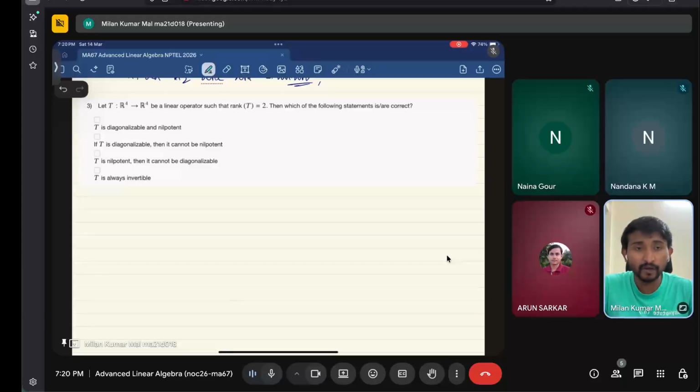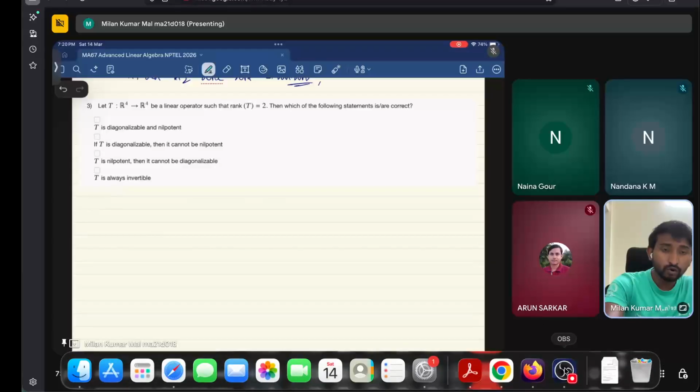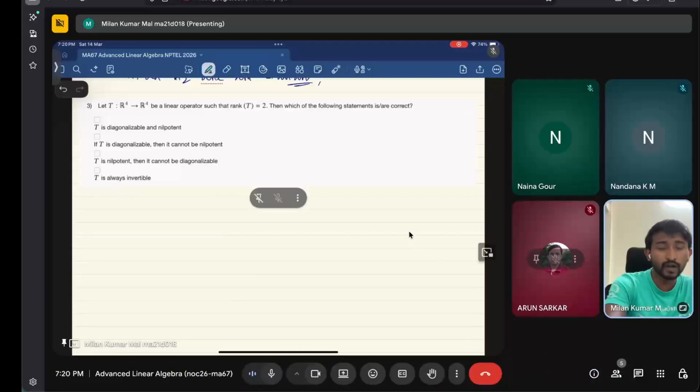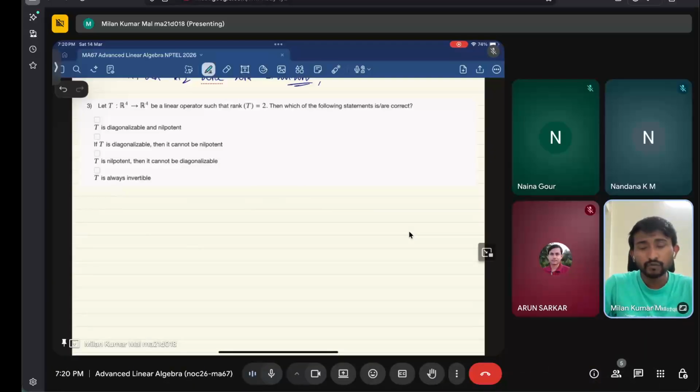From the mere appearance of the questions, you will not be able to understand whether you need to go to the Jordan canonical form or not. But if you are smart enough to guess that Jordan canonical form is the way, then you can answer those questions. Okay, so let's get back to this problem.